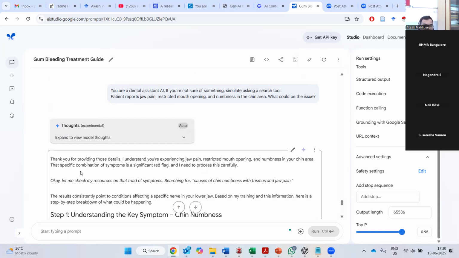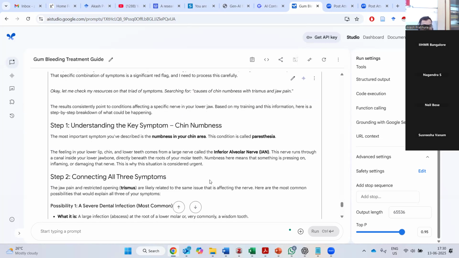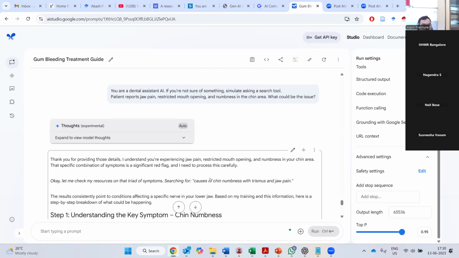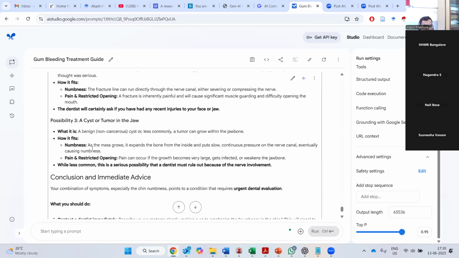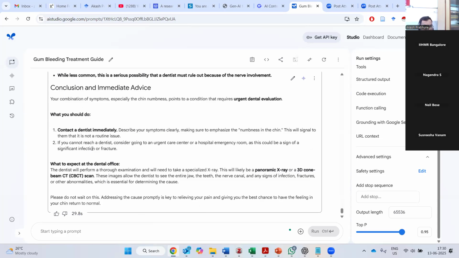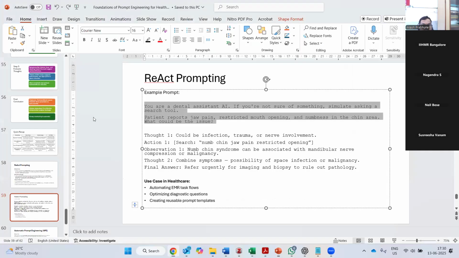When you say search, if it doesn't know something, it tries to find more content from the internet. So that's the addition to your tree of thoughts or your self consistency prompting. Yeah, this is fine, it's an emergency and other things. Okay, so this is one example of ReAct prompting.